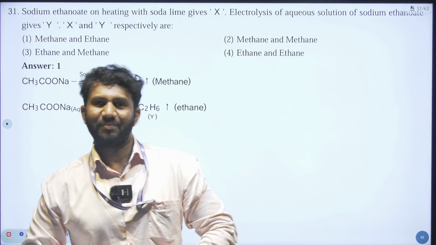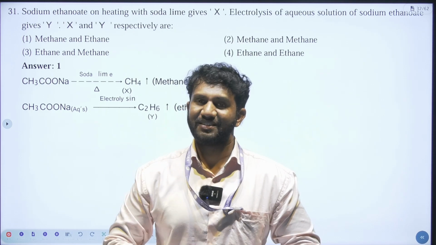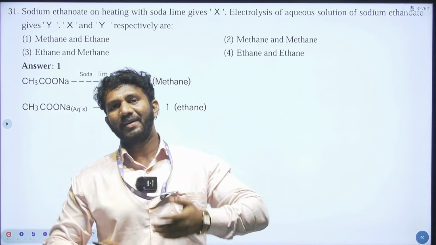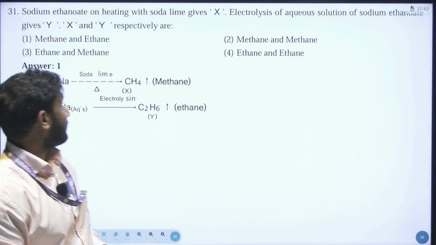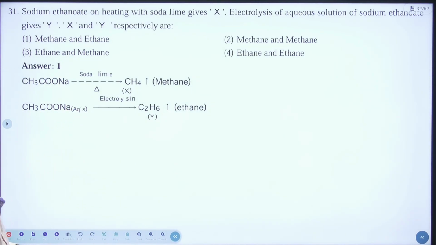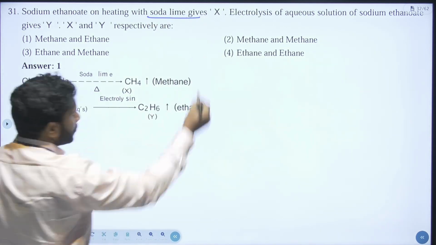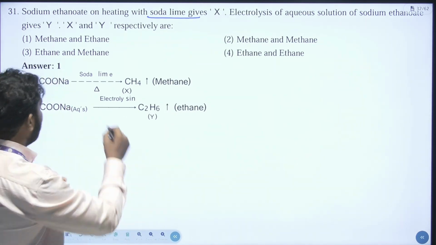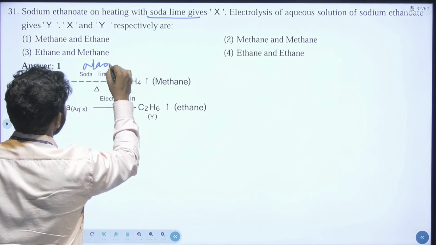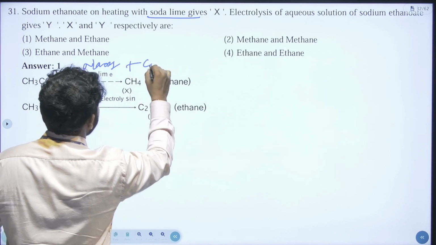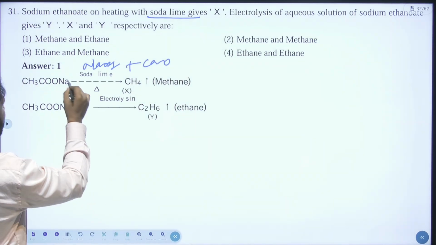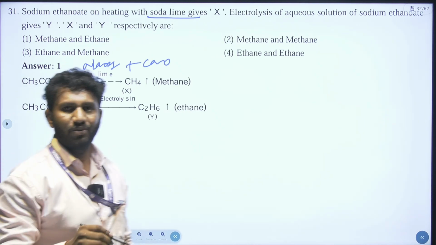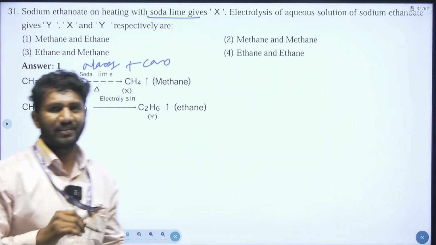Hello everyone, myself Sunil. Now I will start discussing the remaining part of the questions. Let's start with question number 31. Here, sodium ethanoate on heating with soda lime. Soda lime is a mixture of sodium hydroxide and calcium oxide. This reaction is also known as a decarboxylation reaction.